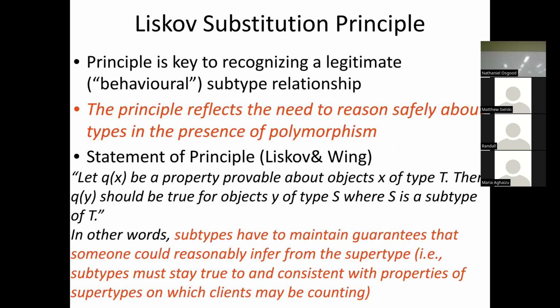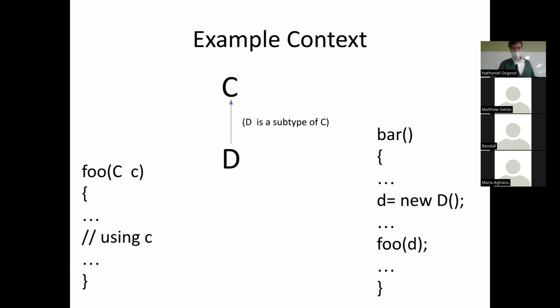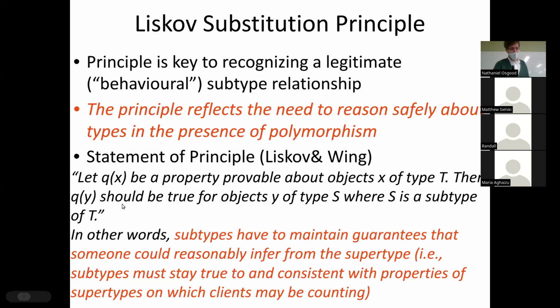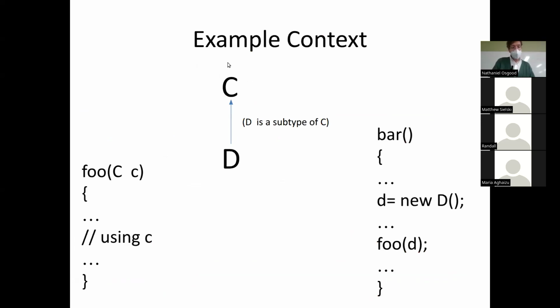If we have a type T, a supertype, and there's a property Q of x provable about objects of that type, of the supertype, in our case it would be C back here, then it should also be true for any object of a subtype of T. So if there's a property that you can count on about objects of type C, it should be something you can count on of objects of type D, is the idea.